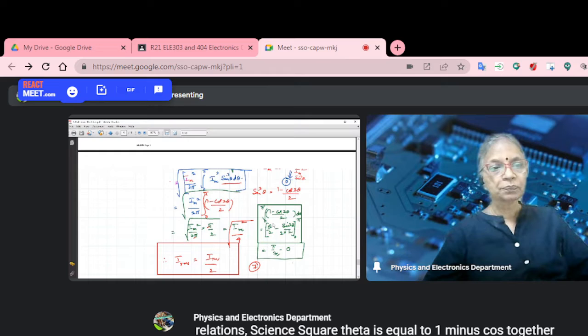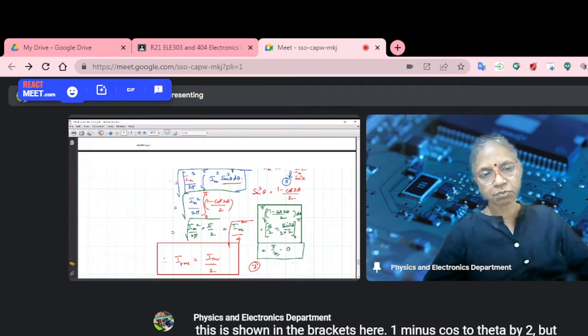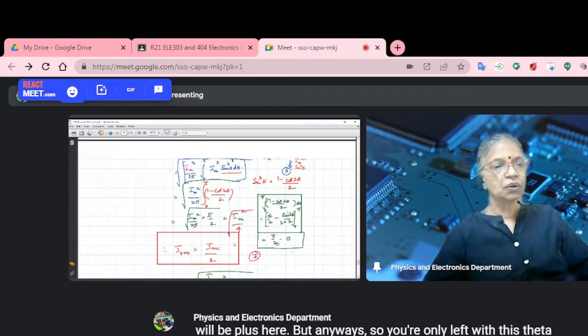The integral of this is theta by 2 minus sine 2 theta by 4, actually it's plus, it will be plus here, but anyway sine pi is 0. So you are only left with this theta by 2, which is pi by 2. So substitute that here, pi gets cancelled. You have Im square by 4. So Im by 2 is your IRMS.